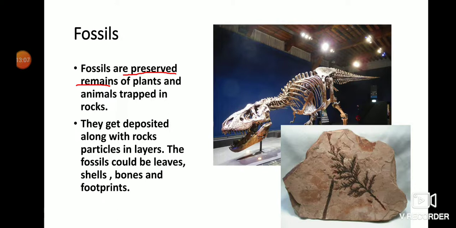That means millions of years ago these plants and animals got trapped by some natural catastrophe between the layers of soil or clay, or after the death of these plants and animals the layers of soil piled over them and became very hard by the action of temperature, pressure and chemical reactions.